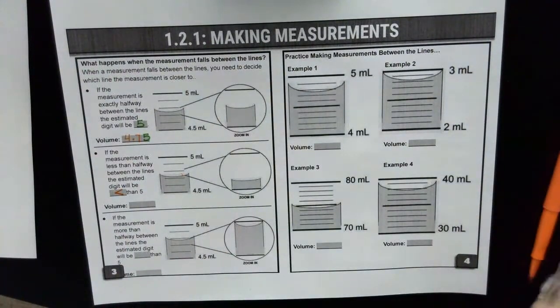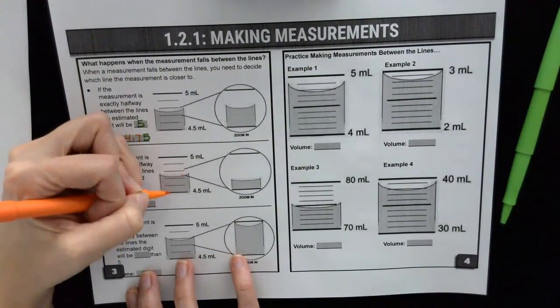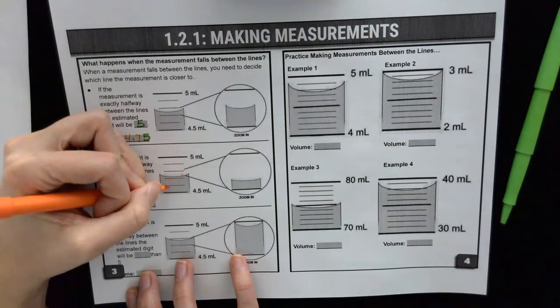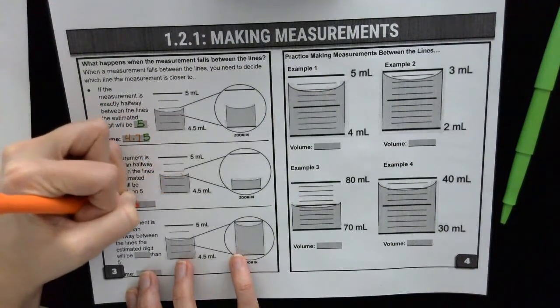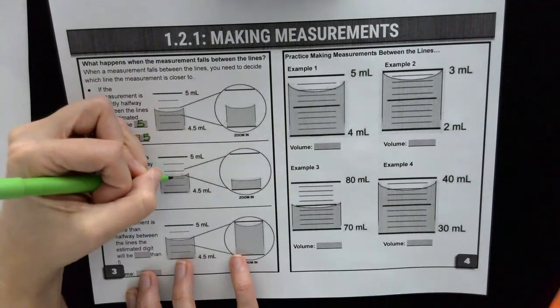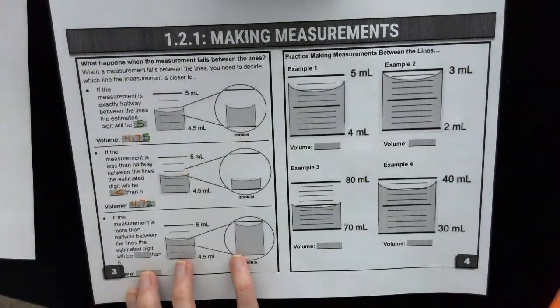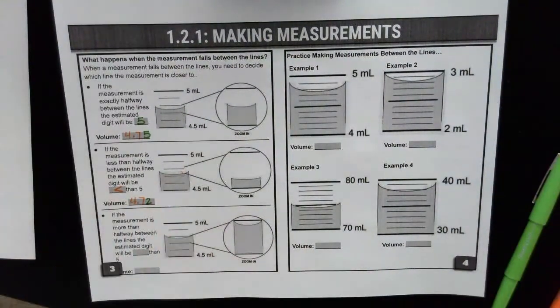So when I go to write my numbers, I know that this is 4.5, 4.6, that's 4.7. So we know the 4 and the 7 for certain, but it didn't quite get halfway, so it's just a little bit past. I'm going to say that's maybe 2 past our line. So my estimated digit is going to be 2, less than 5.